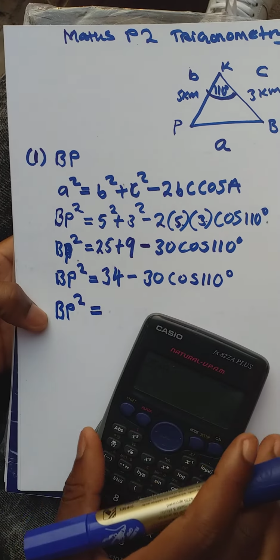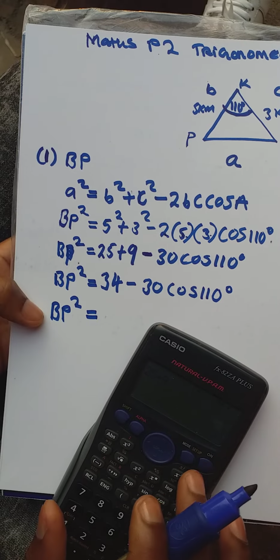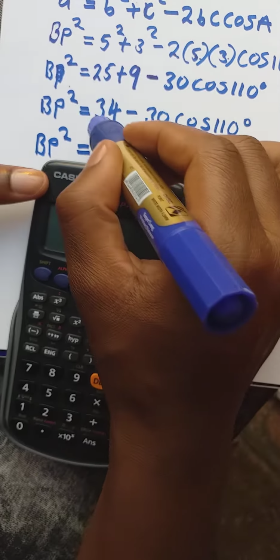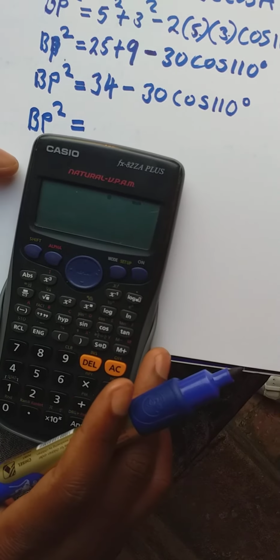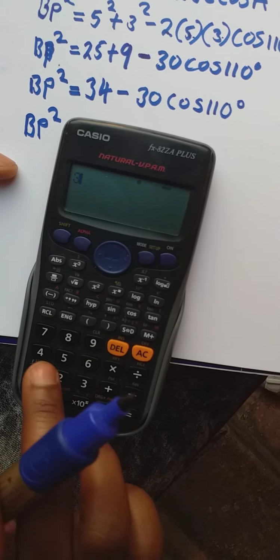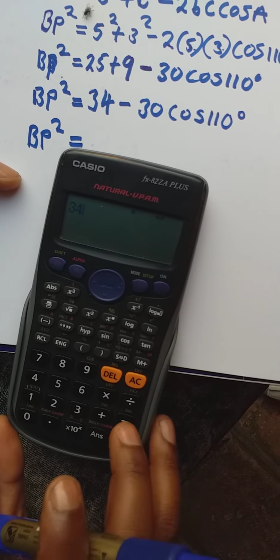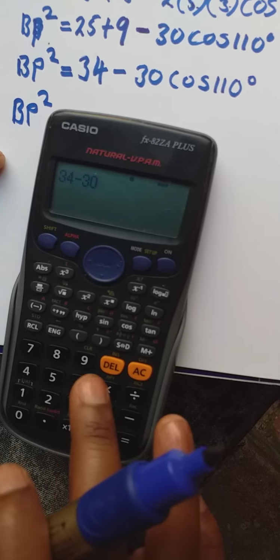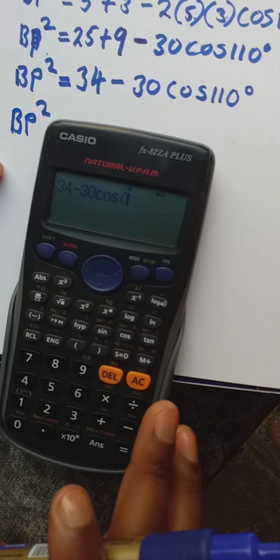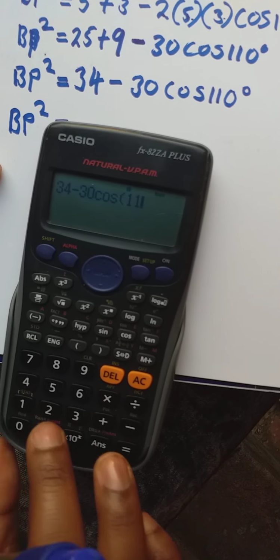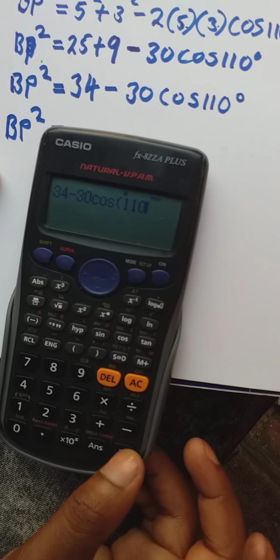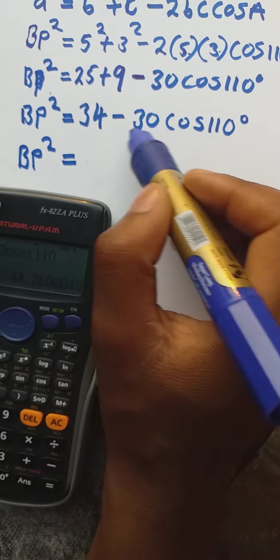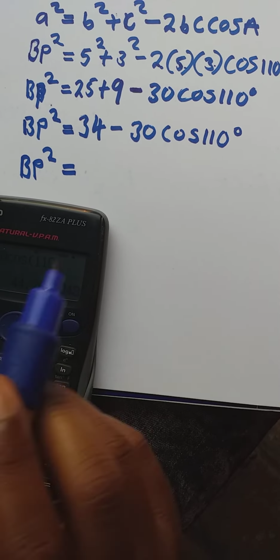When you reach here, to avoid making mistakes, I advise that you enter the whole of this expression on the calculator. You click 34 minus 30, then the cos, then the 110, so that you get your answer, which is 44. So you enter the whole expression to avoid making mistakes.